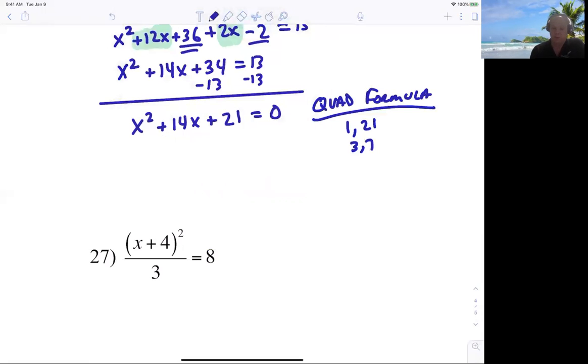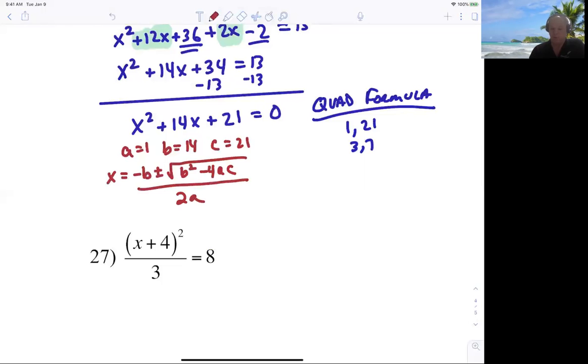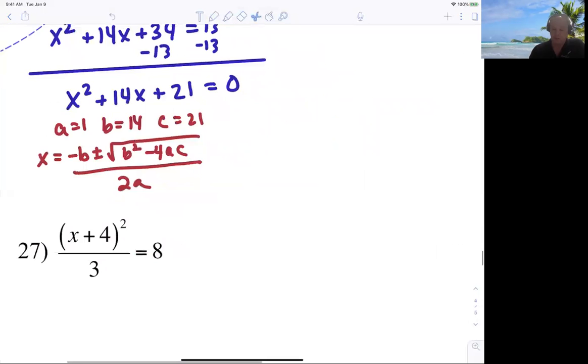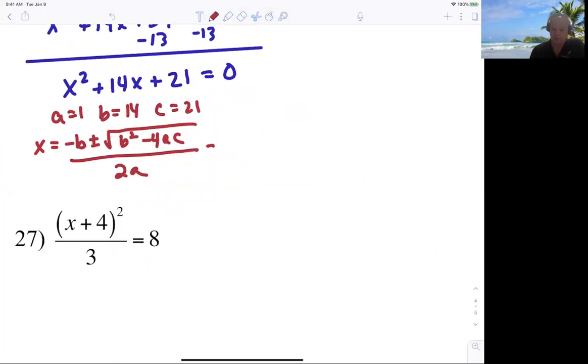Let's look at this now and say a equals 1, b equals 14, c equals 21. So write the equation: negative b plus or minus the square root of b squared minus 4ac, all over 2a. Okay, let's move this out of the way. And now we'll simplify going across.